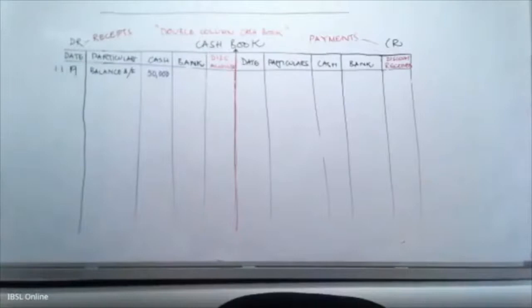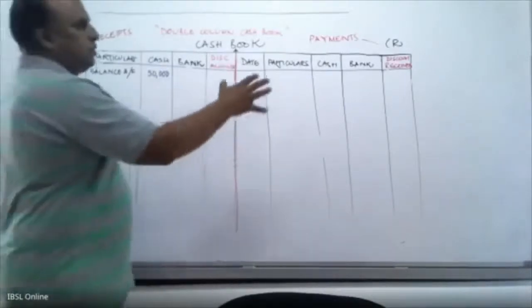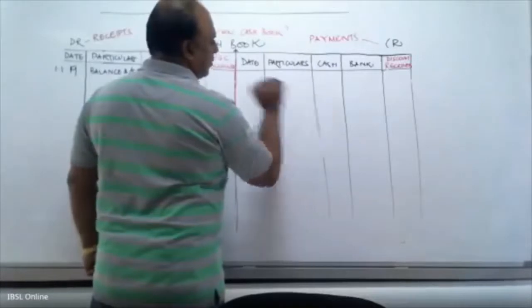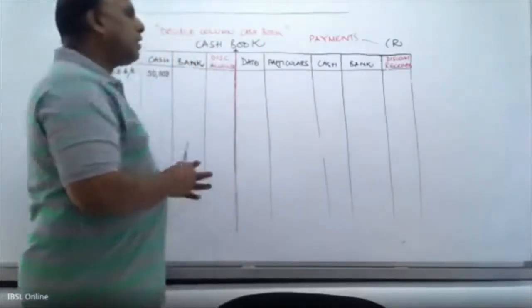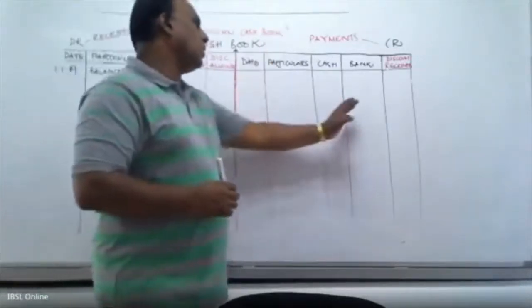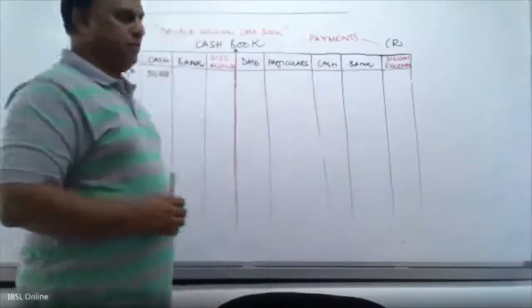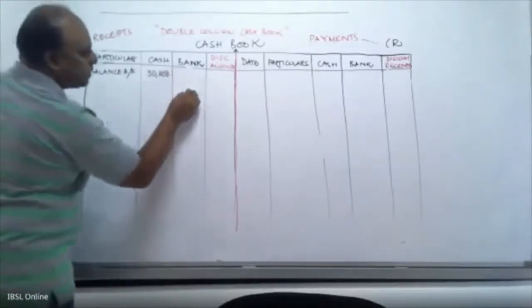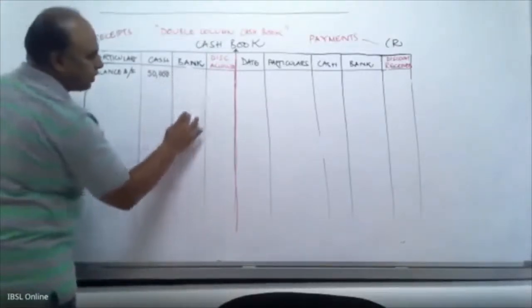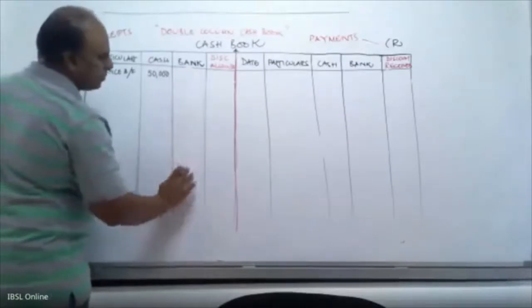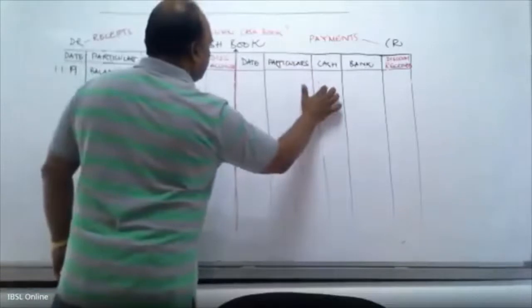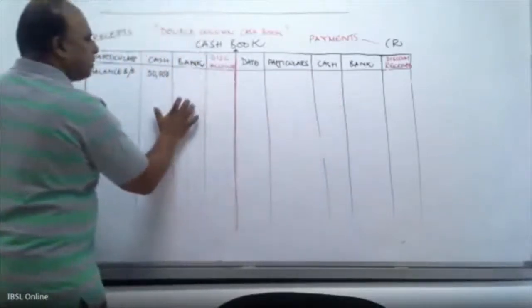Now how does that go out? That is from here. Now the 30,000 that is going to go out is going to where? It is to your bank account. So which means you will receive cash into your bank account. You see, cash is going out from your cash and coming to your bank account.